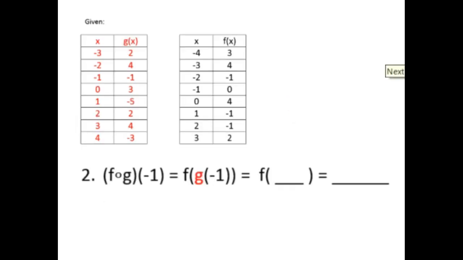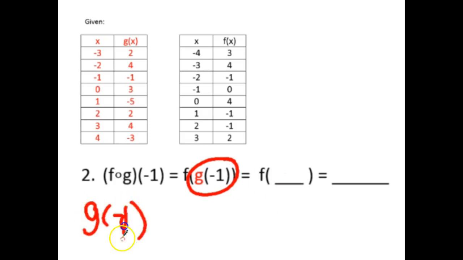Okay. We got all this funny looking stuff. Both of these mean the same thing. Both of these mean I start here. G of negative 1. I look at the table called G and I find negative 1.